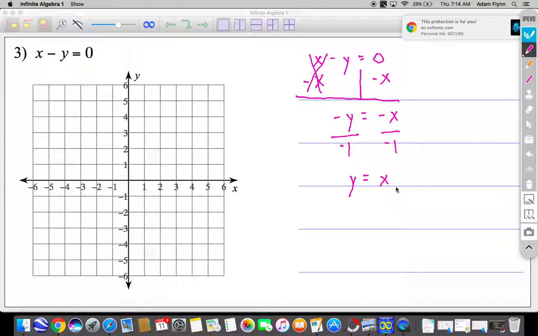So it appears that I don't have a y-intercept, which means I'll start at 0. And then the coefficient of my x is a 1, but because it's 1, we don't need to write it in there. So I will go up 1 over 1. Up 1 over 1. This is actually what we call the parent function of a line.